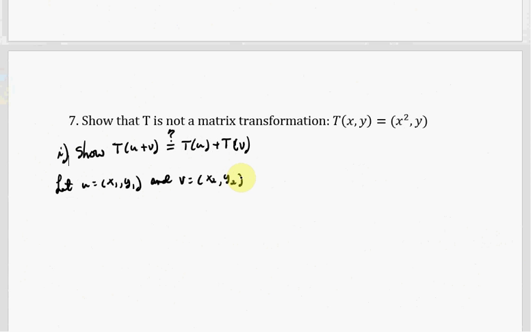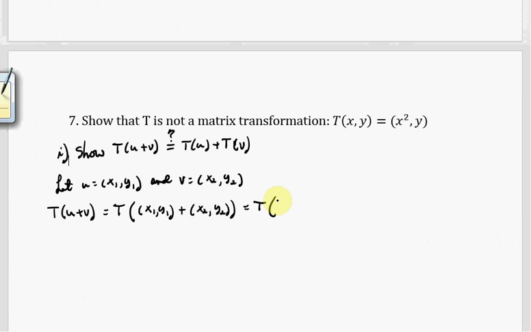So T of u plus v is equal to T of u, which is (x sub 1, y sub 1), plus v, which is (x sub 2, y sub 2). That's equal to T of (x sub 1 plus x sub 2, y sub 1 plus y sub 2). Just want to simplify it.